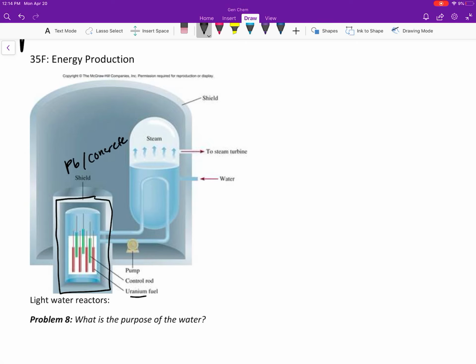It's going to retain all of the radioactive energy coming out to protect all the people at the plant and protect the parts of the plant. You're going to have this heat over here. It's going to come through here, and it's going to heat this water. The water is going to generate steam, and then usually there's some sort of fan. That doesn't look like a fan. I don't think I can draw a fan.